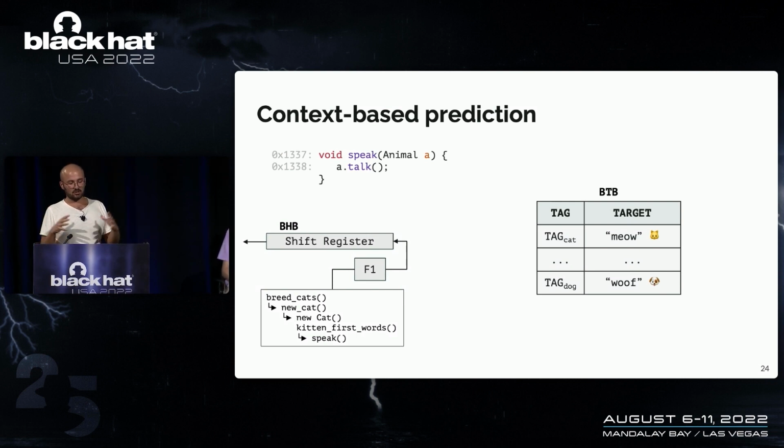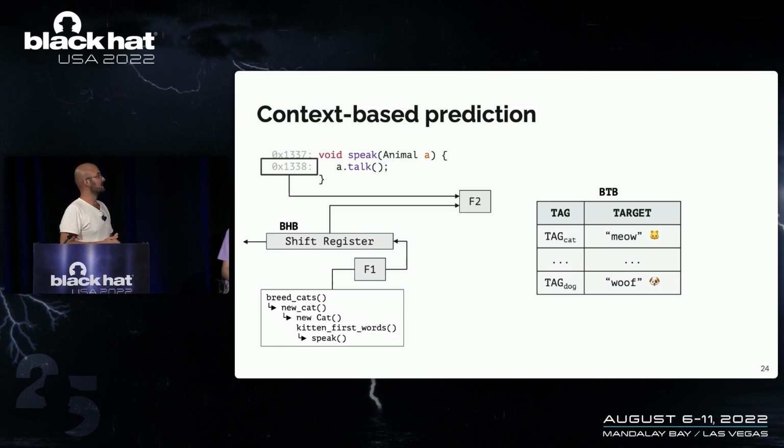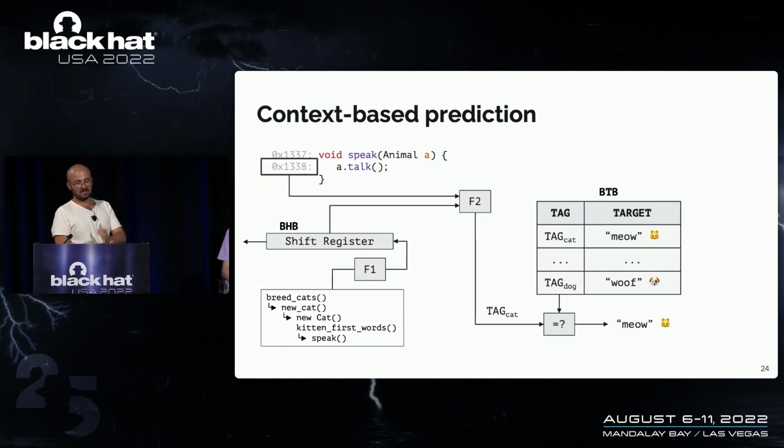So you can just squash all this information inside a single shift register. Afterwards, you combine this value with the actual call site of the speak function. Again, you get the value of the shift register and the call site, apply another hash function, and you compute the tag. Now, as you can see here, we have our breedCat context, and since the context is very cat-dependent, you will need to speculate to the meow function.